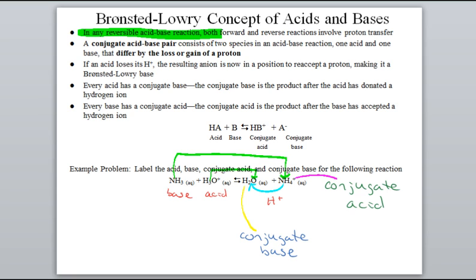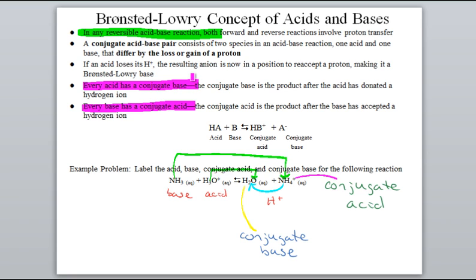And chemists say NH4 plus, ammonium, is the conjugate acid of NH3, the base. Every base has a conjugate acid. If you have a base, what forms on the product side behaves as an acid in the reverse direction. If you have an acid on the reactant side, what forms on the product side is the base. So every acid has a conjugate base.